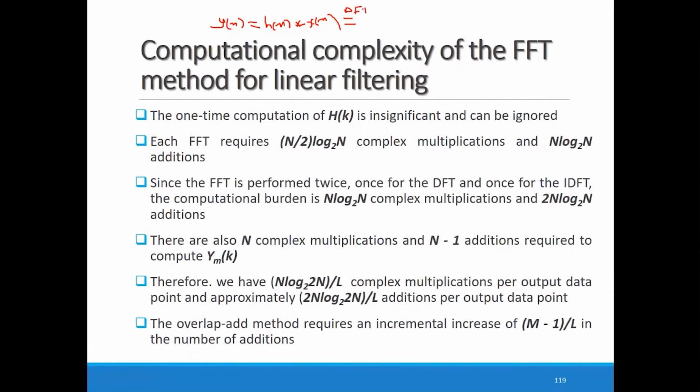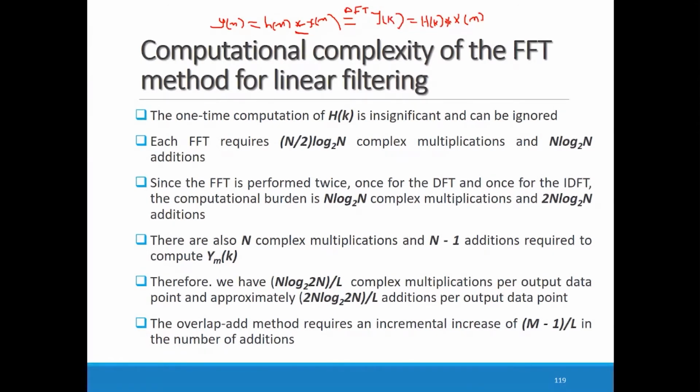We convert them into the frequency domain, so our convolution becomes multiplication. We obtain the equation Y of k equals H of k multiplied with X of k. Here the convolution sign can be replaced by a dot to show multiplication.